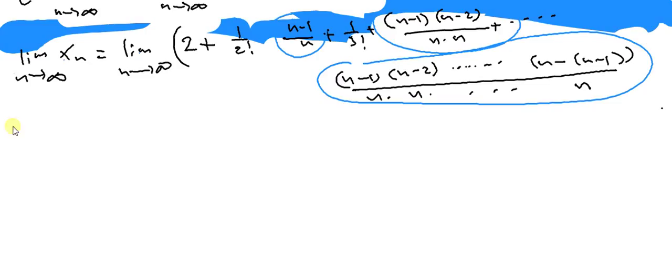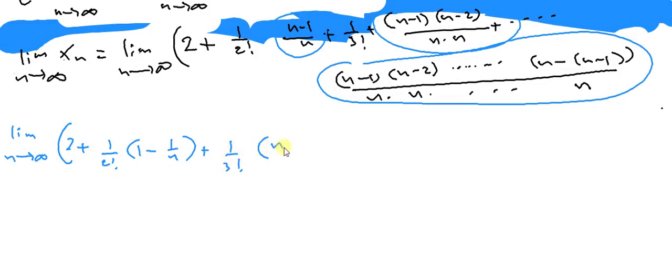The limit as n approaches infinity of 2 plus 1 by 2 factorial times (n minus 1) by n, which can be written as 1 minus 1 by n, plus 1 by 3 factorial times (n minus 1) by n, which can be written again as (1 minus 1 by n) times (1 minus 2 by n), plus etc.